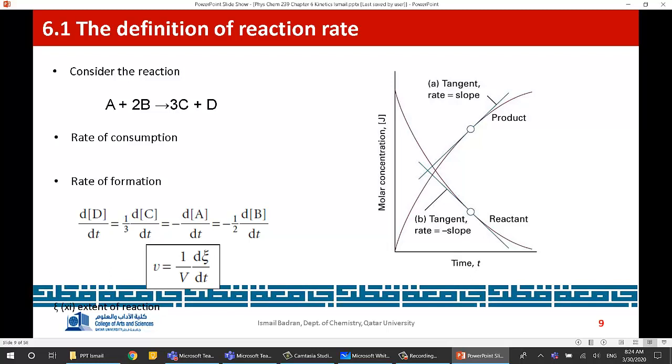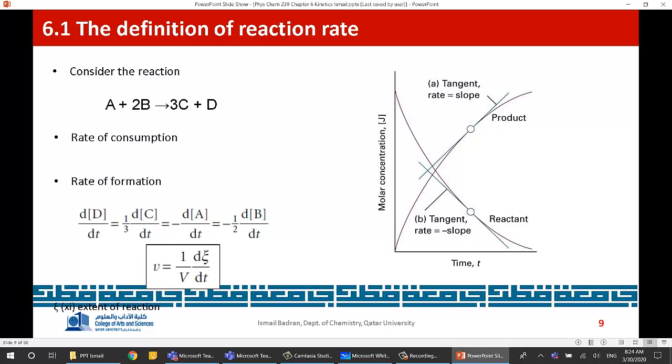And also it's different than C. A and D might be similar. So in this one, we can define that the rate of the formation of D is equal to 1/3 of that of C. It's equal to minus dA over dt, and it's equal to minus 1/2 dB over dt. So these ratios here, you can take them right away from the coefficients of the reaction, making sure to put plus for the products and minus for the reactants.